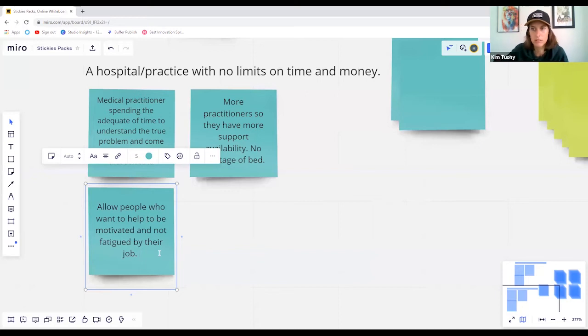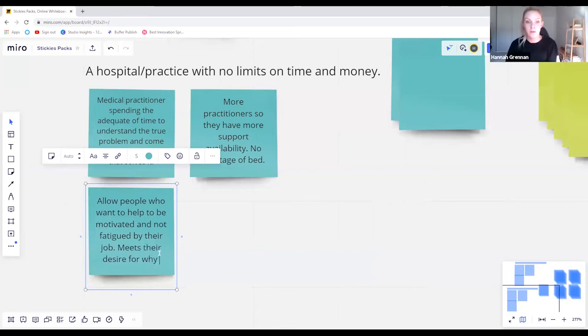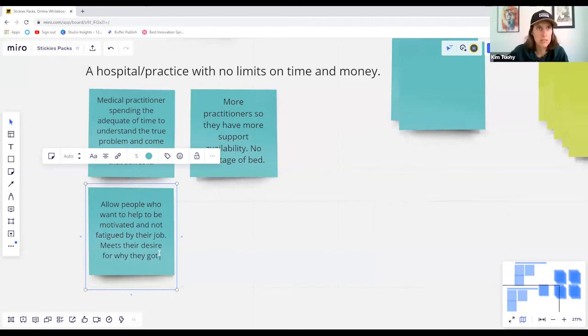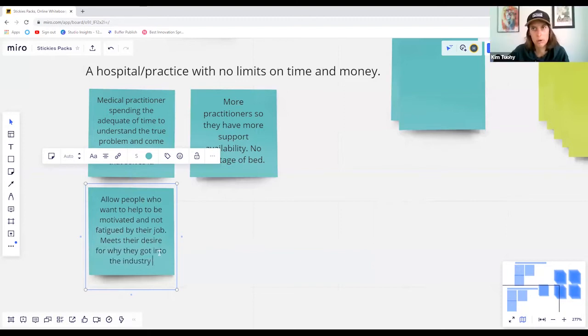Instead of, I guess, not as much empathy or poor communication or all those little things that we may experience now, because there are time and money pressures.